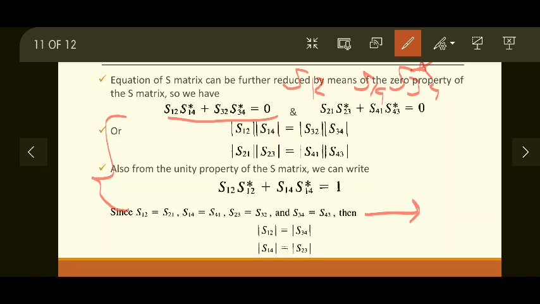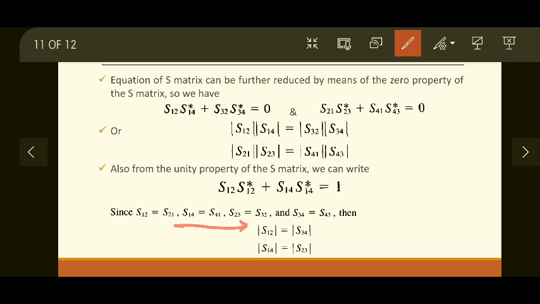S34 conjugate is multiplied by S14 here, and here it is S32. So S14 is equal to S32, and S32 is nothing but S23. So S14 is equal to S23. Or if we consider this one, S12 is multiplied by S23 conjugate, and S12 is multiplied by S14 conjugate. So S14 is equal to S23. Similarly, we can find that S12 is equal to S34 also.